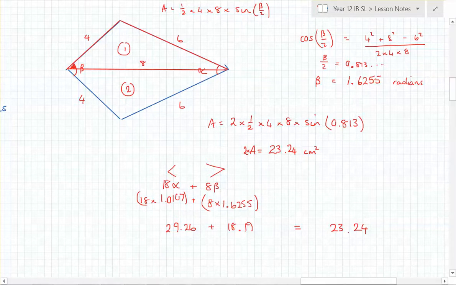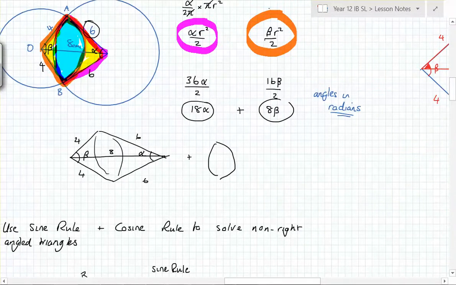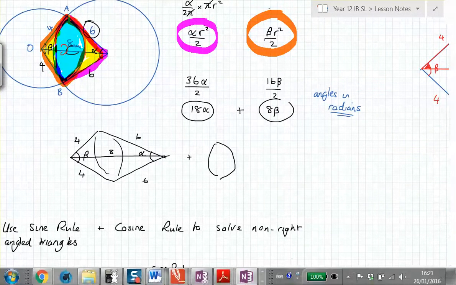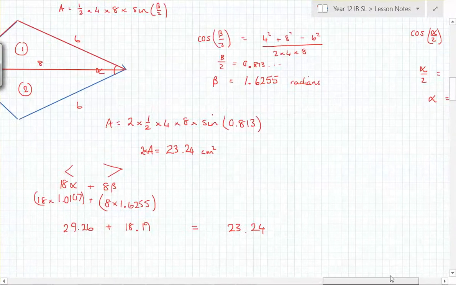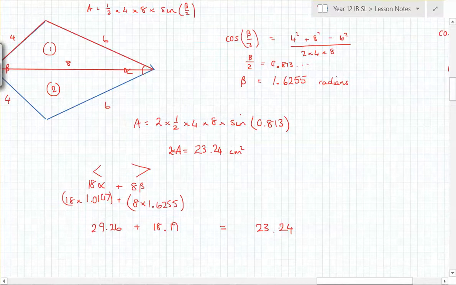Oh wait, what did I say right at the beginning? The left-hand side is too big. If I call this x in the middle, basically if I have this side and that side, I have to add x to it.